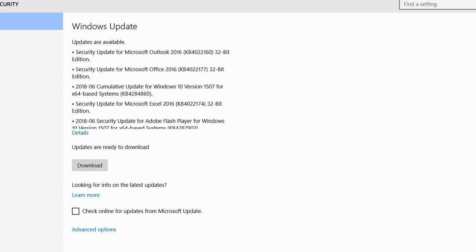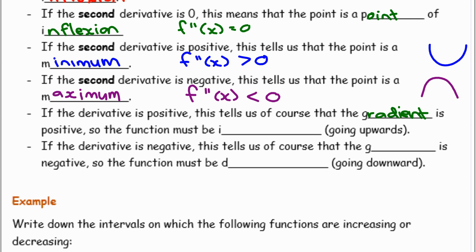So if the derivative is positive, the gradient is positive, so the function must be increasing, like going from lower to higher.